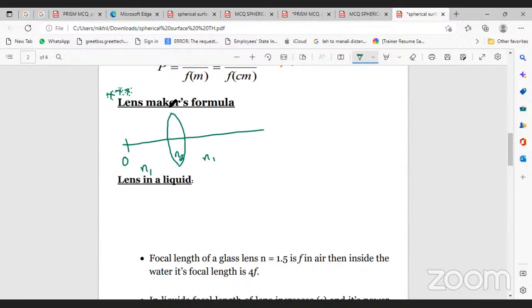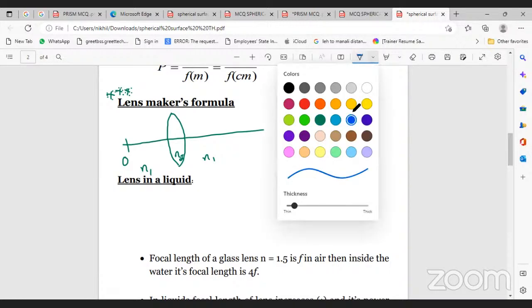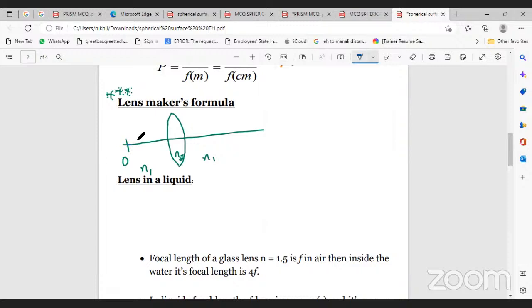I will send a ray of light from O. Here refraction takes place at the first surface APB, and the image will be formed somewhere here. Let it be I dash.